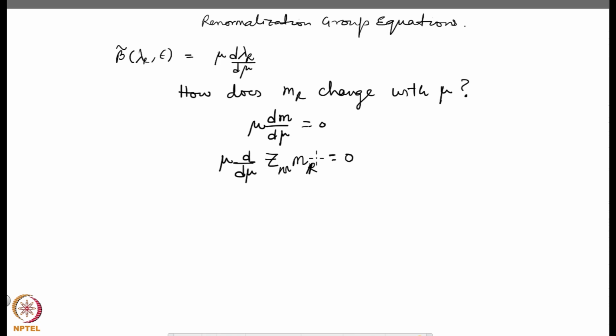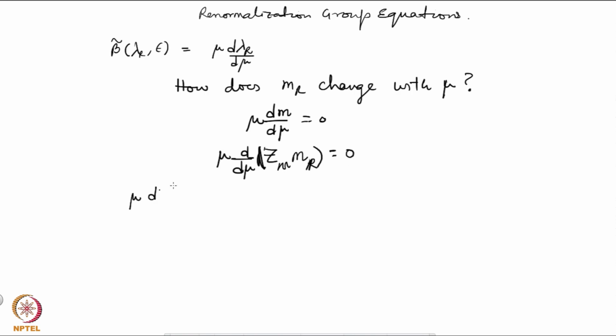So we take this derivative, and after taking the derivative I am going to divide by Z_m and m_R. That gives you mu over Z_m dZ_m over d mu plus mu over m_R dm_R over d mu equal to 0.